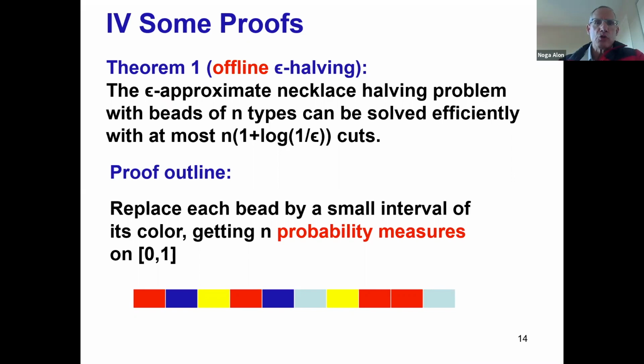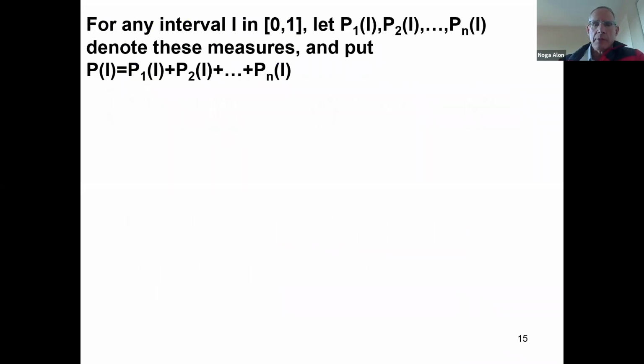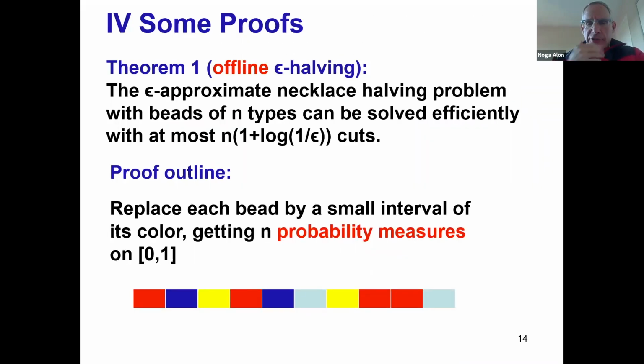What we want to do is cut to 1/2, or approximately 1/2, these probability measures. Of course, maybe some of the cuts will be in the middle of small segments that correspond to beads, but there is no problem to round it later. So really, we can basically forget that this comes from the specific beads.